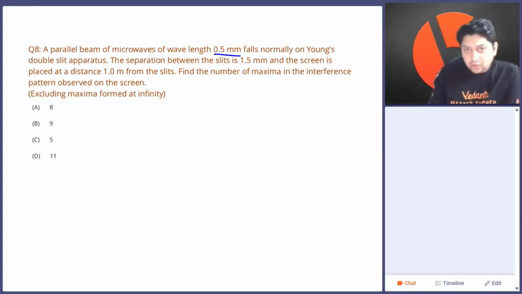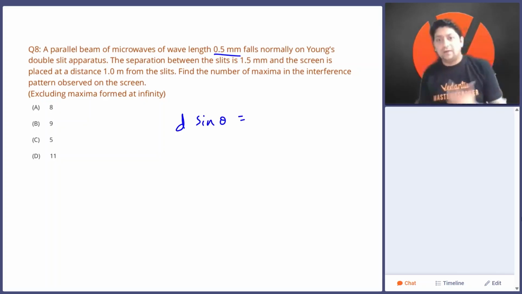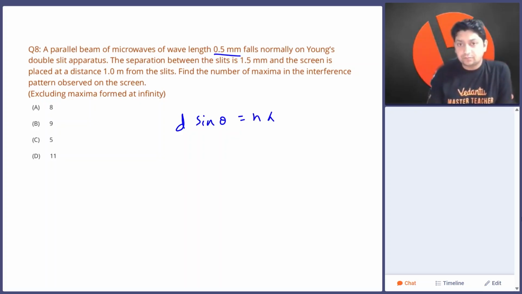As the light is falling normally, the path difference is nothing but d sine theta, right? And for maxima, it must be equal to n lambda.